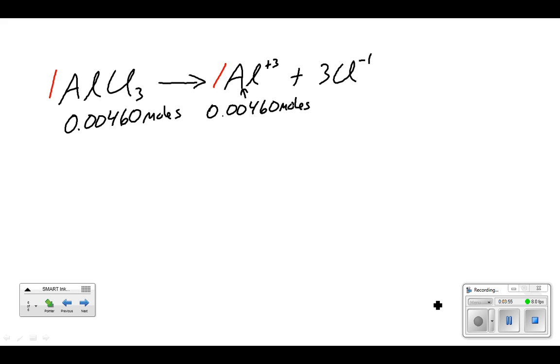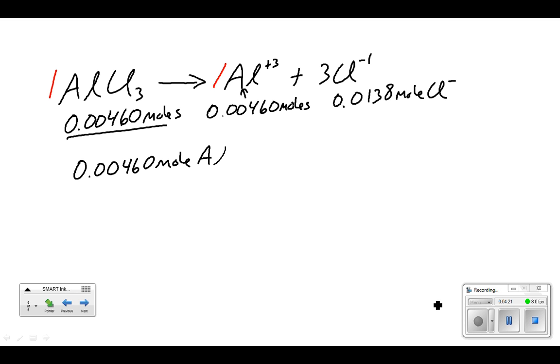And so we're going to need to take this number of moles, and we're going to need to multiply it by 3. And when we do that, we're going to find that we get 0.0138 moles of chloride ion. All right, so let's just summarize the answer then. It asks us for the moles of each ion. We get 0.00460 moles of aluminum ion and 0.0138 moles of chloride ion.